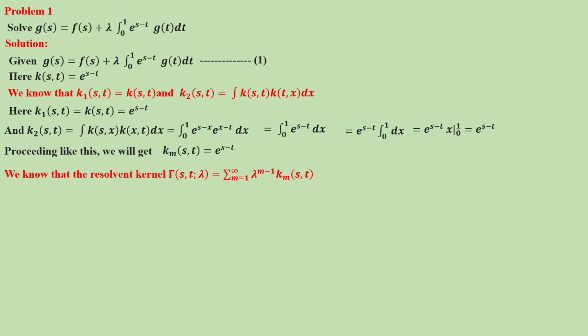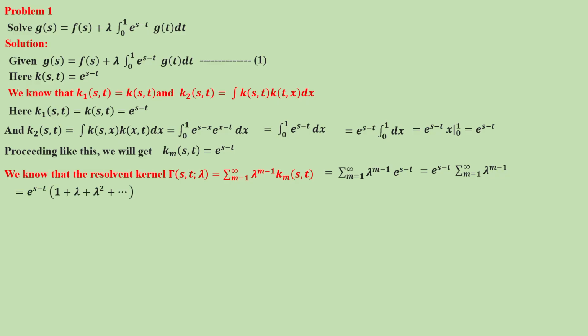So we know the resolvent kernel Γ(s,t;λ) = Σ from m=1 to infinity of λ^(m−1) Kₘ(s,t). Substituting the value of Kₘ(s,t), we get Σ λ^(m−1) e^(s−t). Taking e^(s−t) outside the summation, because there is no m in it, we have e^(s−t) Σ from m=1 to infinity of λ^(m−1).